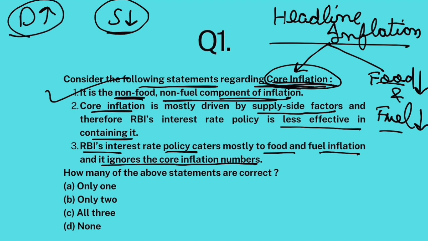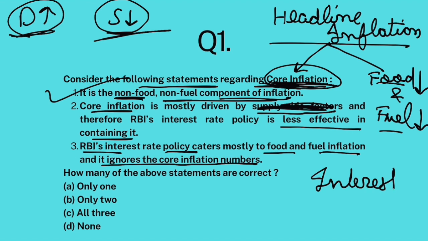So we can safely say that core inflation is demand driven, and food and fuel inflation generally, not always, but generally, is supply driven. So the statement that core inflation is driven by supply side factors is not at all correct.